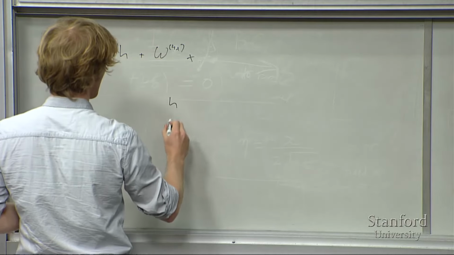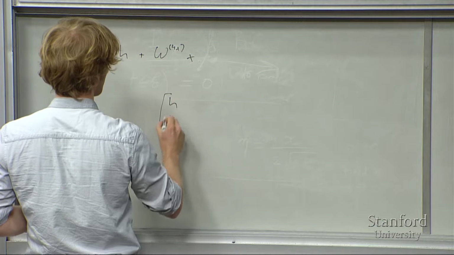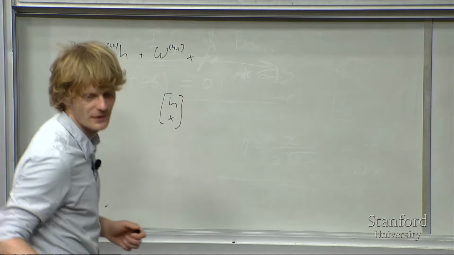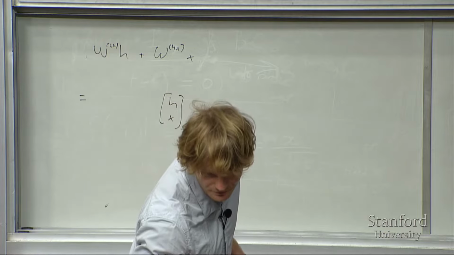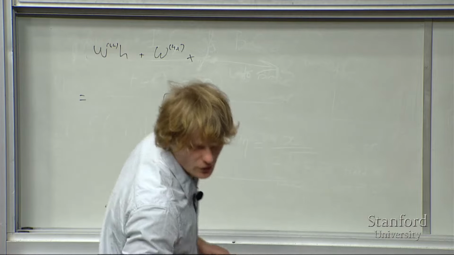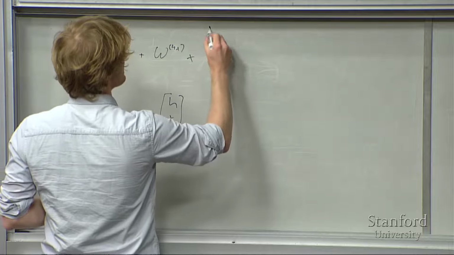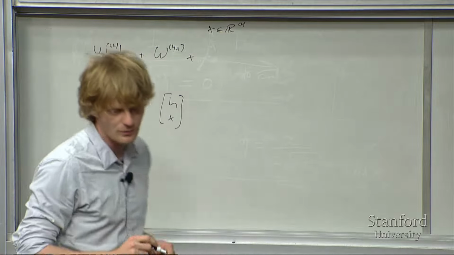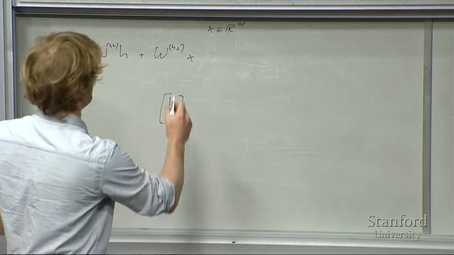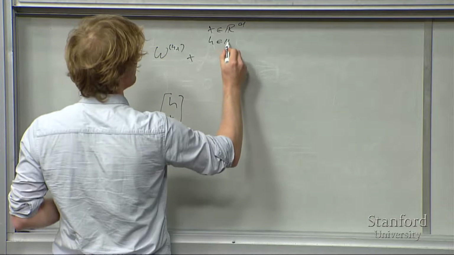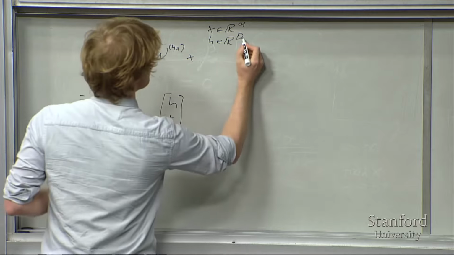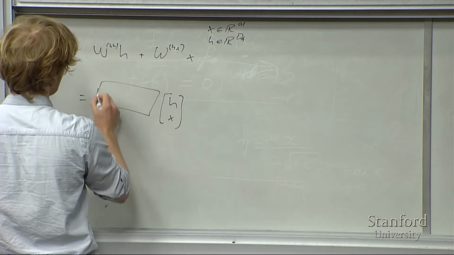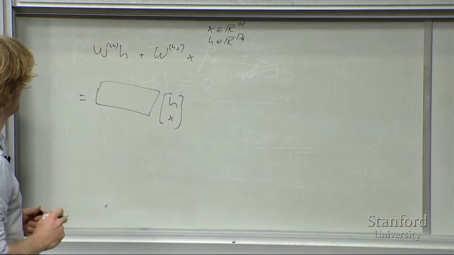Now, if we concatenated H and X together, and let's say X here has a certain dimensionality, which we'll call D. So X is in R^D, and our H we'll define to have dimensionality R^DH. Now, what would the dimensionality be if we concatenated these two?